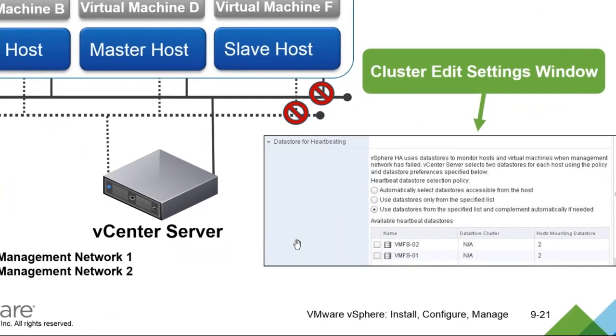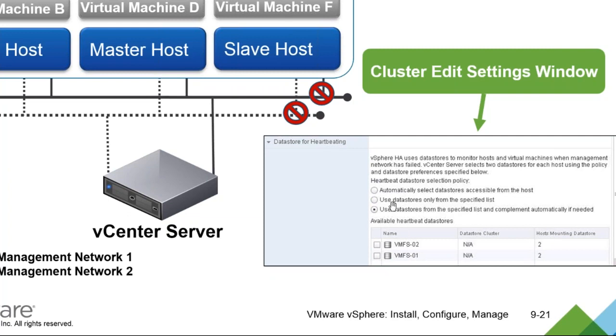Under your ESXi host data store heartbeating options, you can see the following three options. First, automatically select data stores accessible from the host. It means your slave and master hosts on your HA cluster will automatically access whatever data stores are selected by your nodes. Second, use data stores only from the specified list.